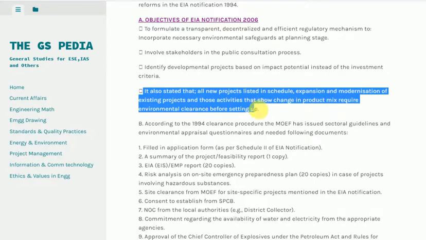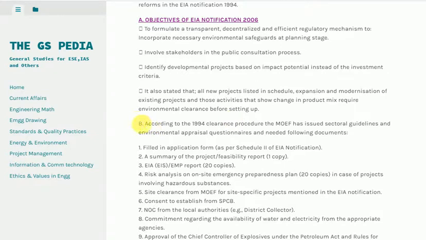B. According to the 1994 clearance procedure, the MEF has issued sectoral guidelines on environmental appraisal questionnaires and needed the following documents. 1. Filled in application form as per Schedule 2 of the notification. 2.